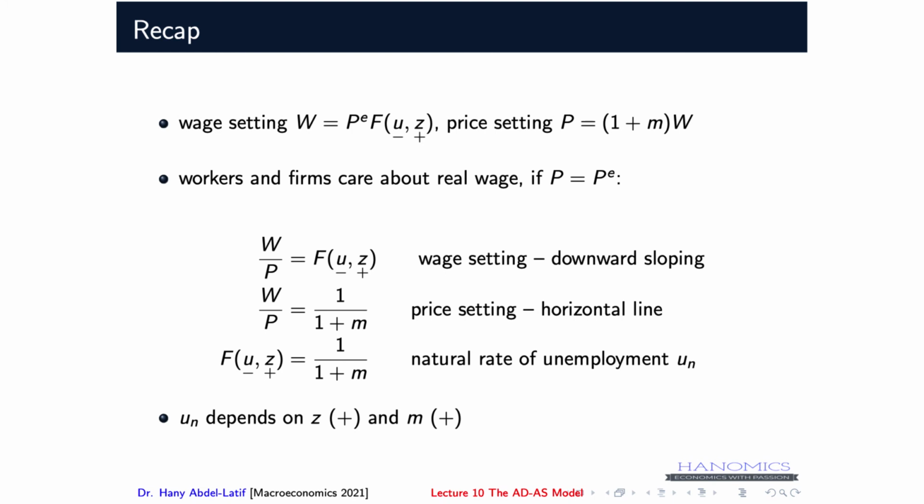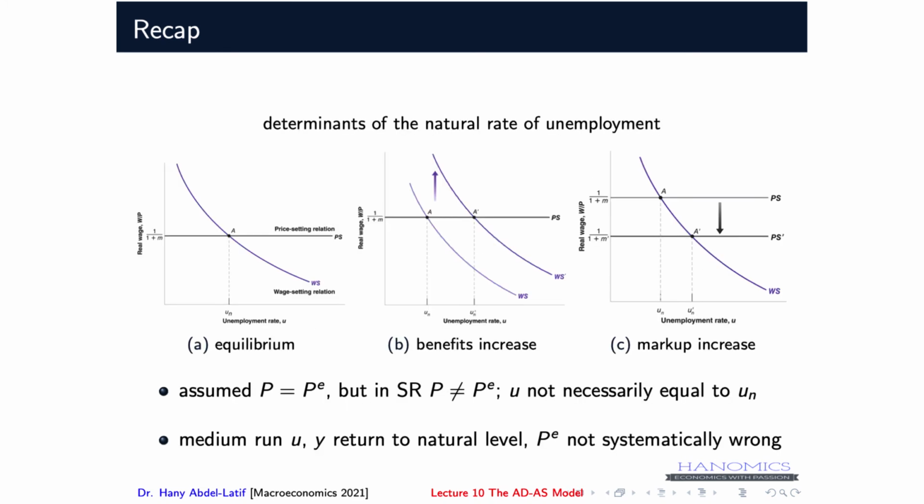We said that the intersection point, which you can see on figure A here, shows the intersection between both relations: the price setting relation and the wage setting relation. The price setting relation is the horizontal line. It's fixed at 1 over 1 plus M, where M is the markup.